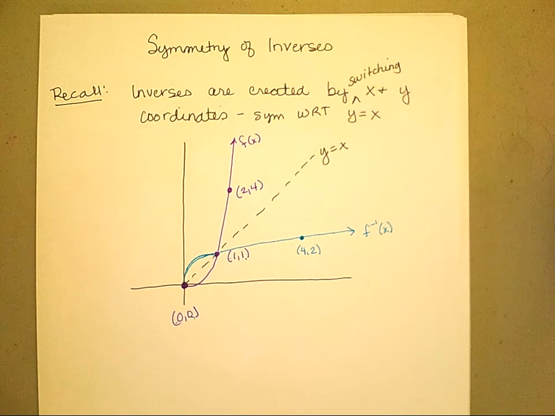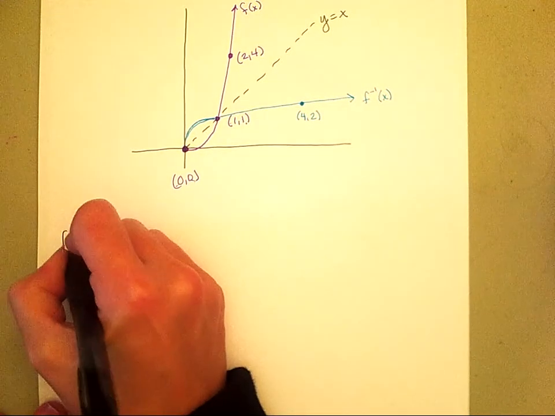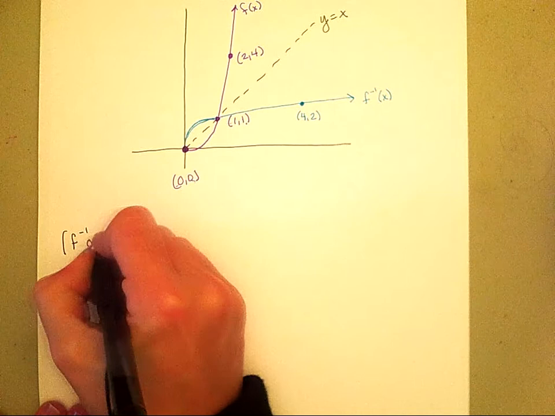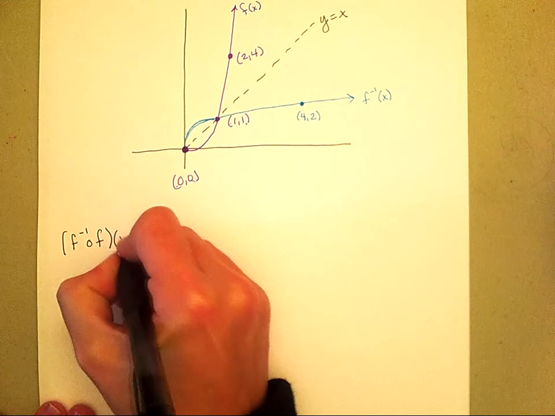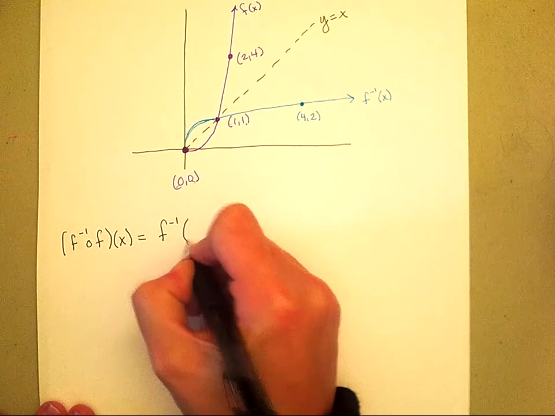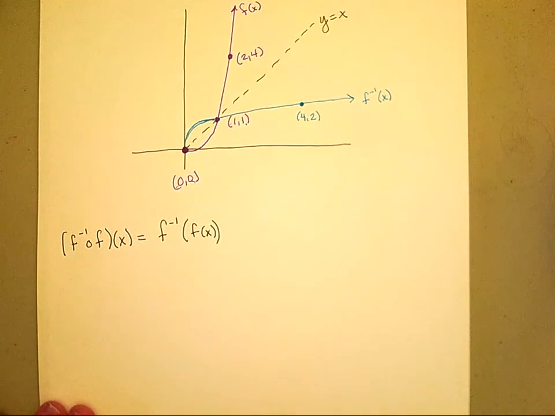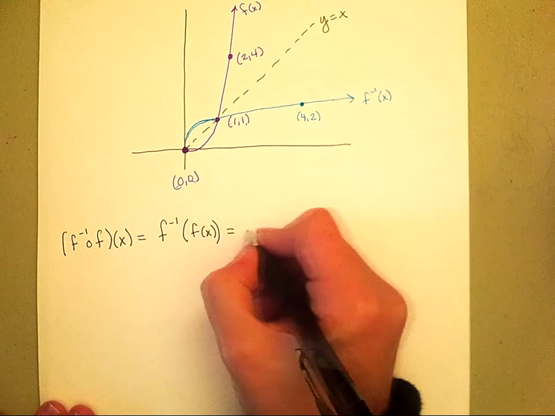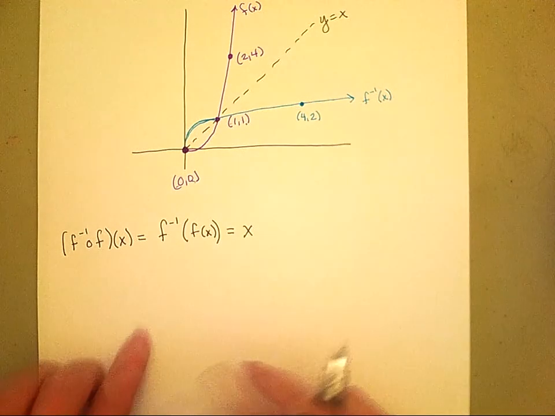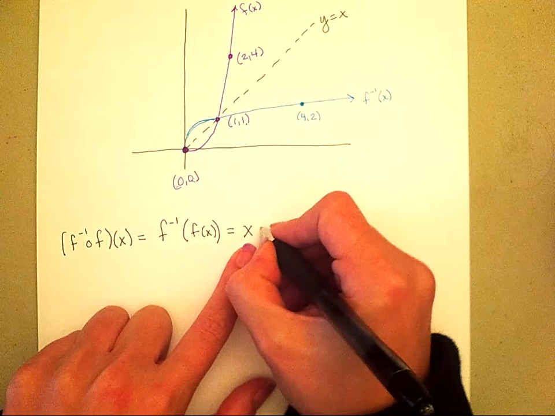Now, let's remember some rules. We know by function composition that if you take f inverse and compose it with f of x, what that means is that I'm taking f inverse and into it I'm putting f. Once I do that, by function composition I should just get x. That is, they undo each other and I get what I started with.